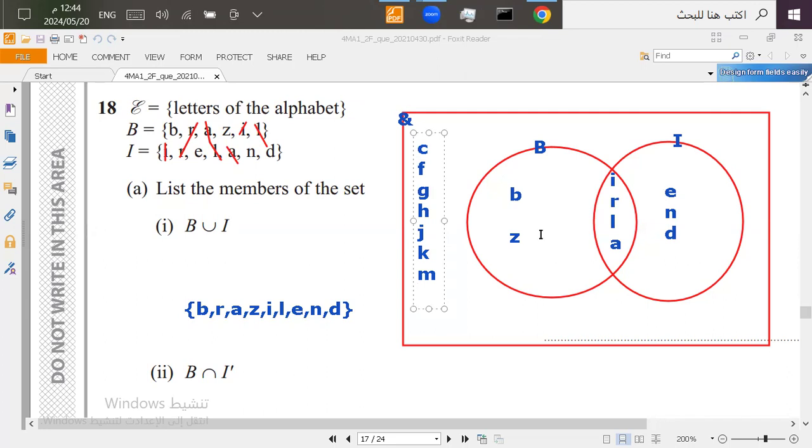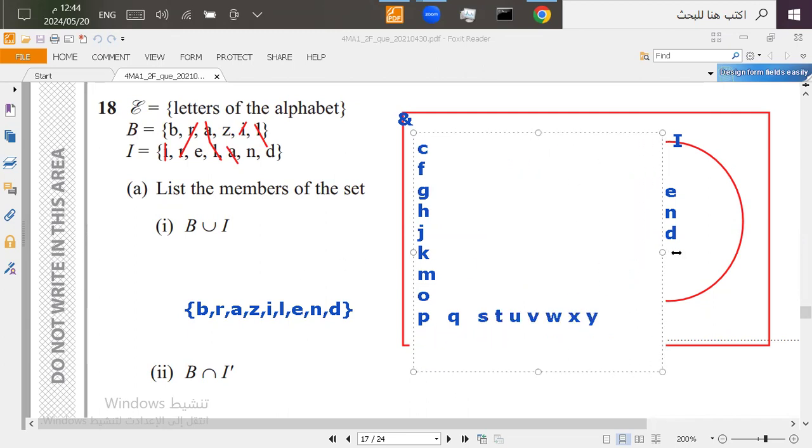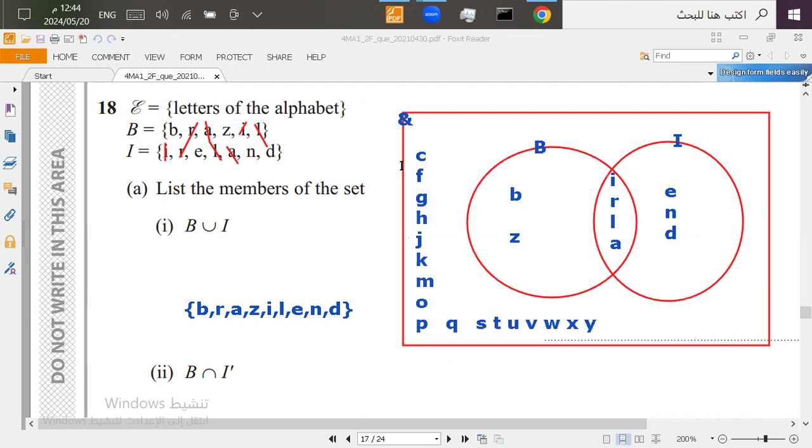O, P, Q, R. R is used. S, T, U, V, W, X, Y, and Z is already used. So these are the letters that we didn't use from the universal set. So we have these and these. So we already know that we didn't use Y, X, W, V, U, T, and S.